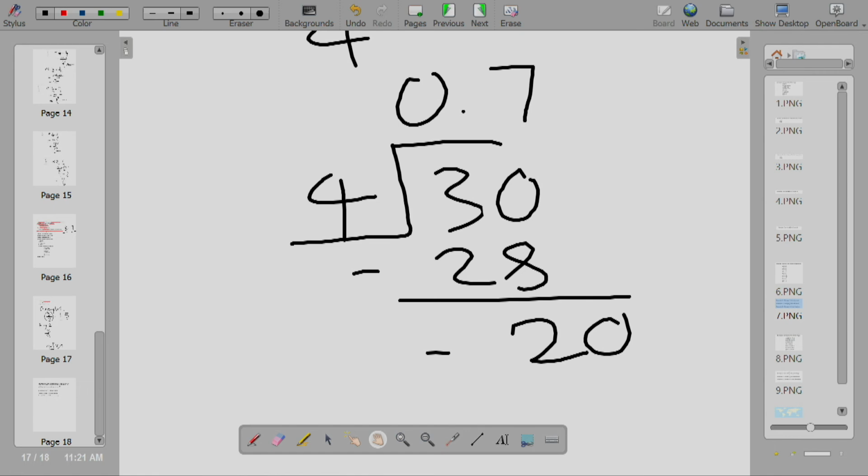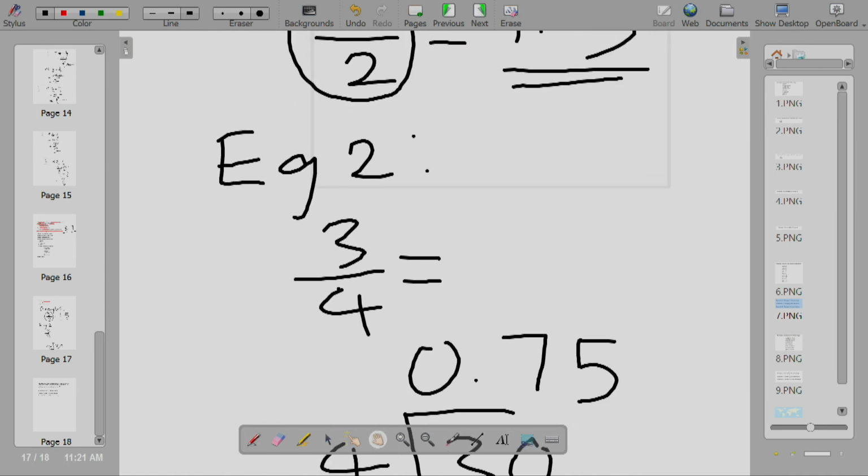So 20 divided by 4, we'll get 5. So 5 times 4 equal to 20. So if you subtract, you get 0. So the answer will be equal to 0.75.